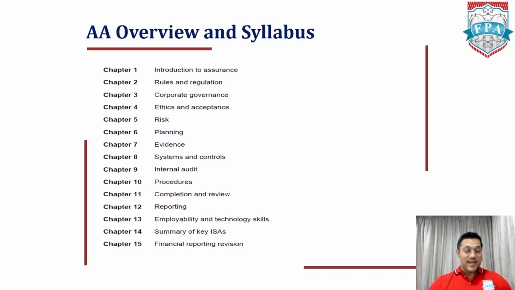Plus, if a company wants to get listed, I'm sure you would know there is a very high risk of manipulation. So what are the things the auditor may need to do? They may need to do more testing, substantive procedures. And again, these are the things you will learn. What's a substantive procedure? You need more experienced people, etc. Those are the kinds of responses that you will learn when we talk about risk.